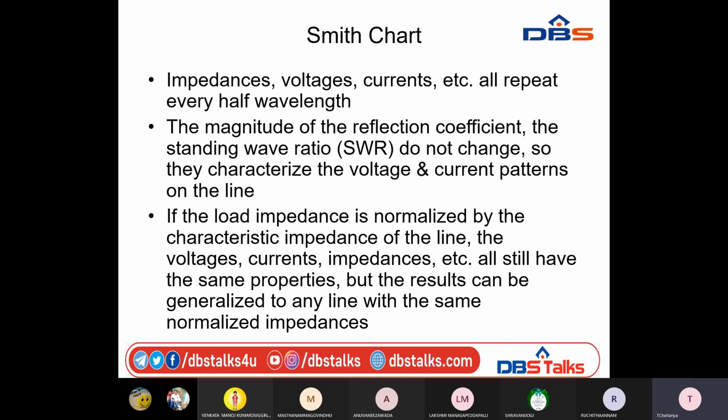So that is the importance of the Smith chart. We can calculate the characteristic impedance, all primary and secondary parameters of a transmission line without having a simplification. So by seeing the Smith chart, we can tell the values.